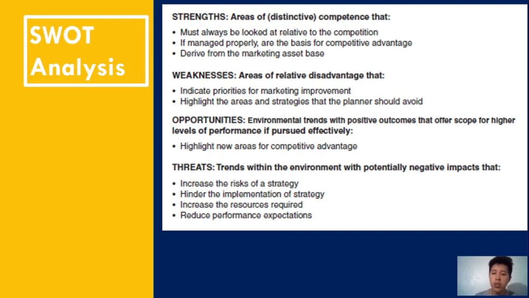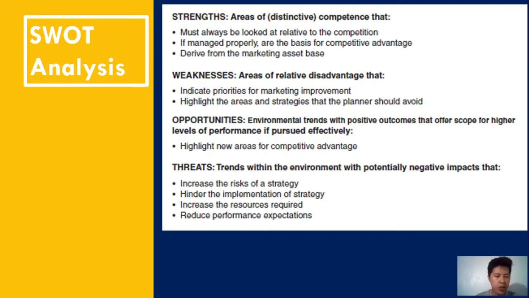Threats are trends within the environment with potentially negative impact. Let's say, for example, you want to build a nuclear power plant and you are situating it in the Pacific Ring of Fire. Of course, that is a threat, an environmental threat in the literal form.